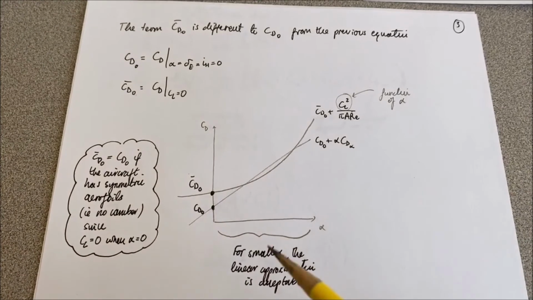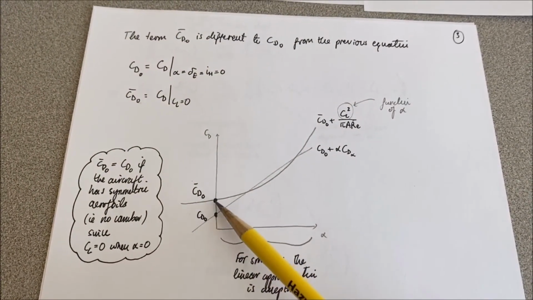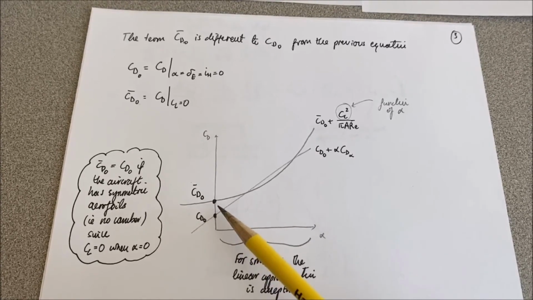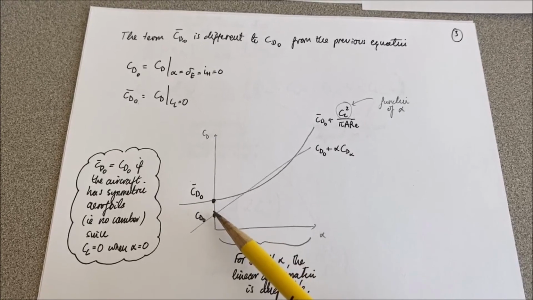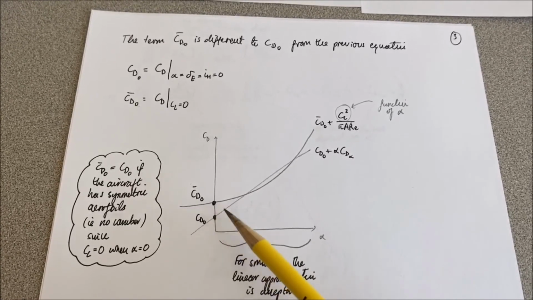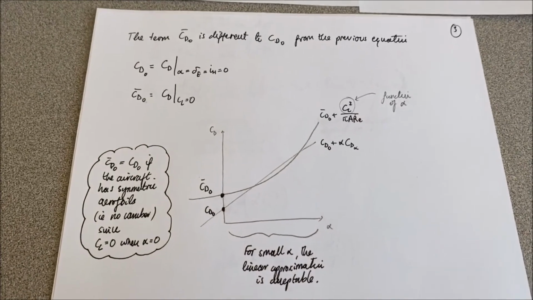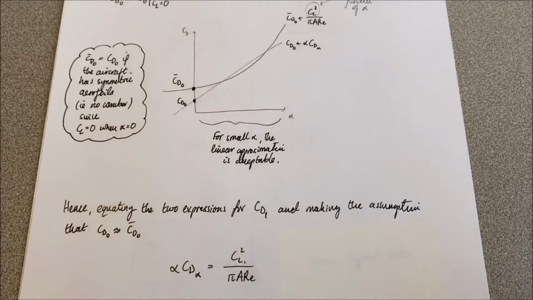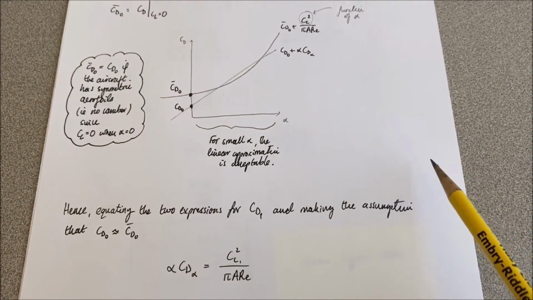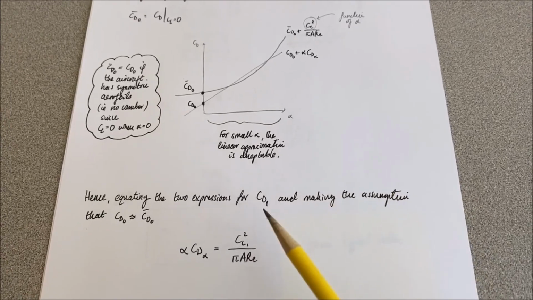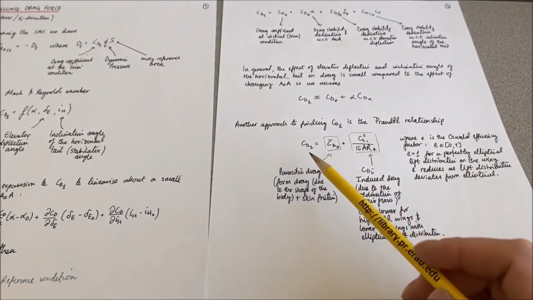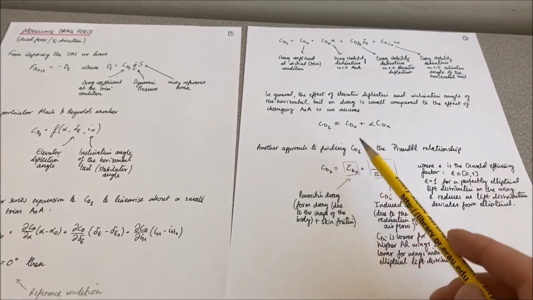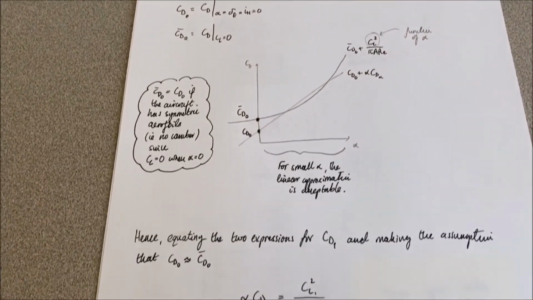But essentially, these 2 points here are going to be equal to each other if the aircraft has symmetric aerofoils, because if an airfoil has no camber, the lift coefficient is 0 when the angle of attack is 0. So we're going to use those couple of assumptions to just go ahead and equate our two expressions for the drag coefficient CD1, and just cancel out these two terms based on those two assumptions. And we get left with this thing.